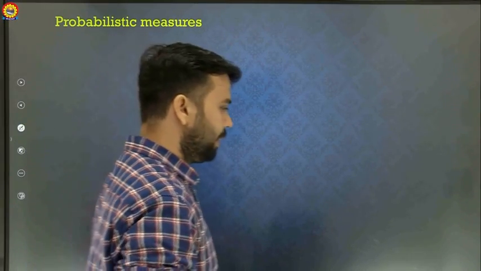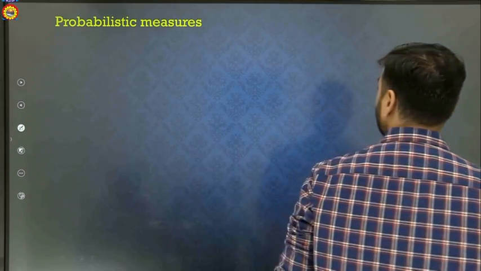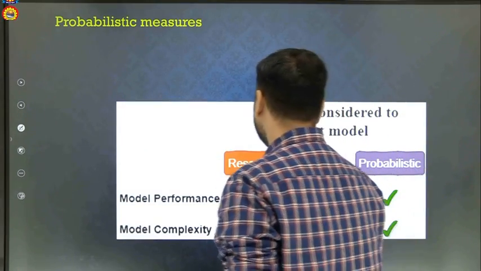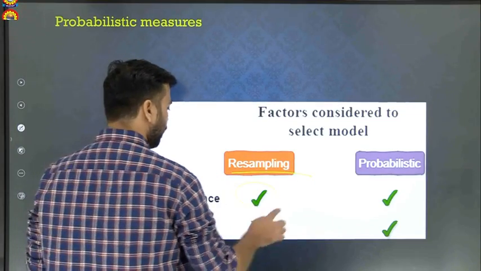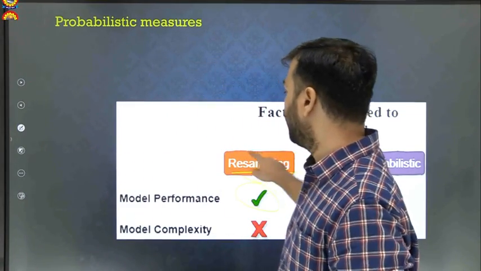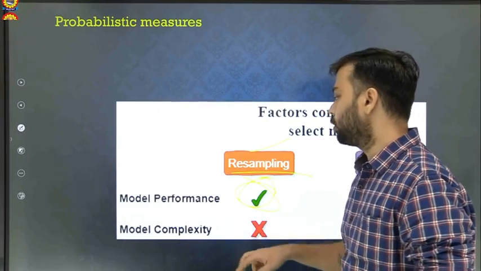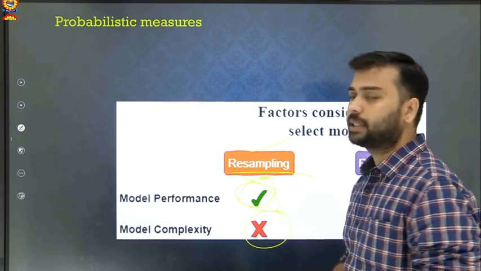Now, the next thing is probabilistic measurement. I already told you that in resampling, we only consider the performance of the model. We don't consider the complexity of the model.